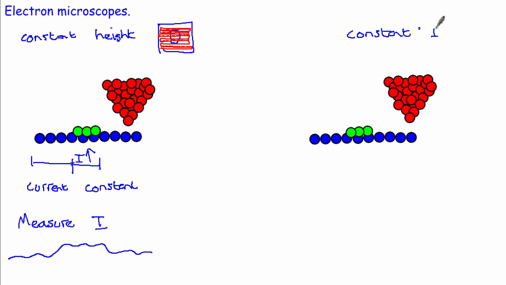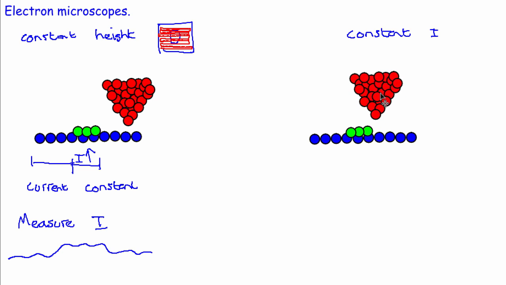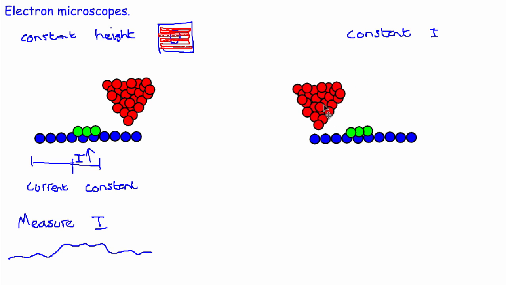To keep the current constant, as this thing moves along here, it stays roughly the same height, going up a bit and down a bit, and then when it gets to here, to keep the current constant, the tip will have to move up a bit like that, because if it stayed where it was down here, the current would be bigger. So the tip of this probe has to move up, and then it would move back down like that, and it would be able to build up a picture.